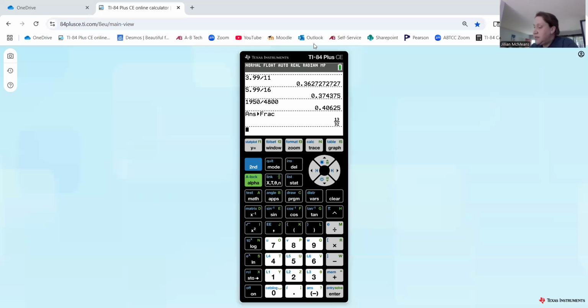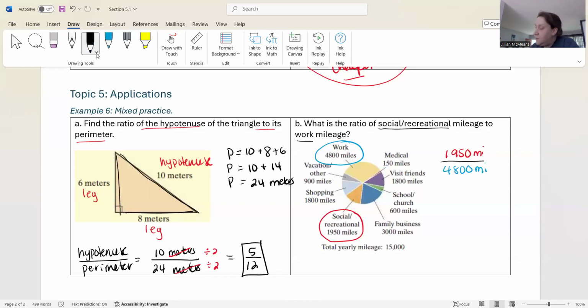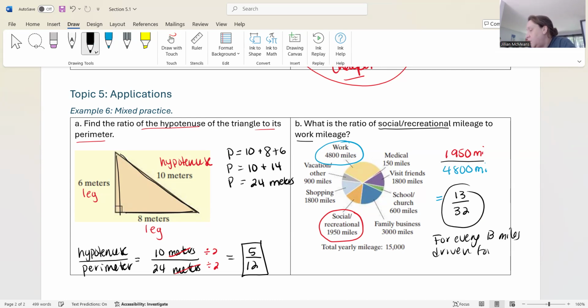So essentially, when we simplify this, finally, we get 13 over 32. So what does that mean? That means for every 13 miles driven for social and recreational driving, we drove 32 miles for work.